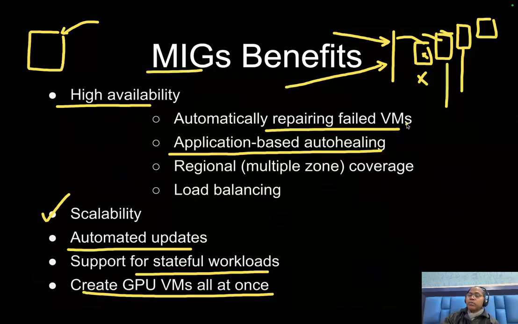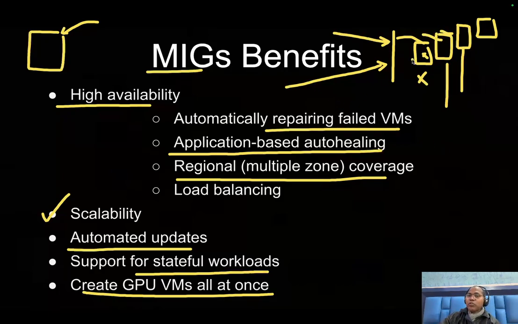Sometimes your application logic, such as latency, health check, or response of the application, can decide that this virtual machine is not efficient, so let's repair it, let's add more servers. These groups of virtual machines can be regional or multi-zonal. If our server is near the customer, our application has low latency, so it is more responsive and responds quickly.